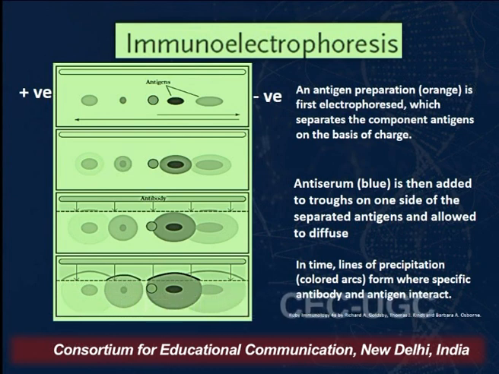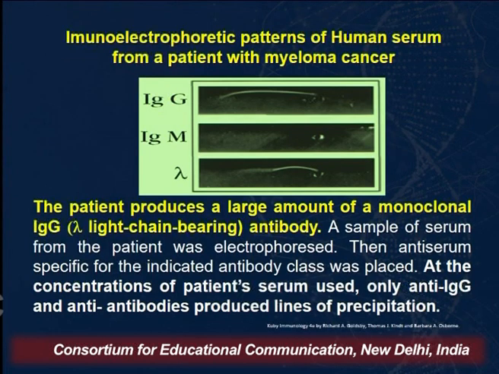Over a period of time, both the antibody and the antigen diffuse, and a precipitin line is formed which is specific for the antibody-antigen interaction. This line gives an idea of the amount and concentration of these antigens or antibodies present.